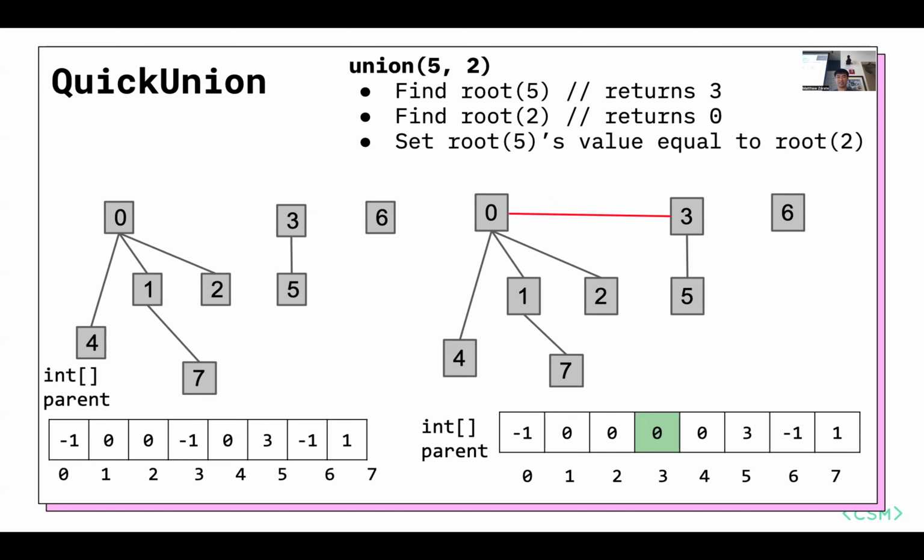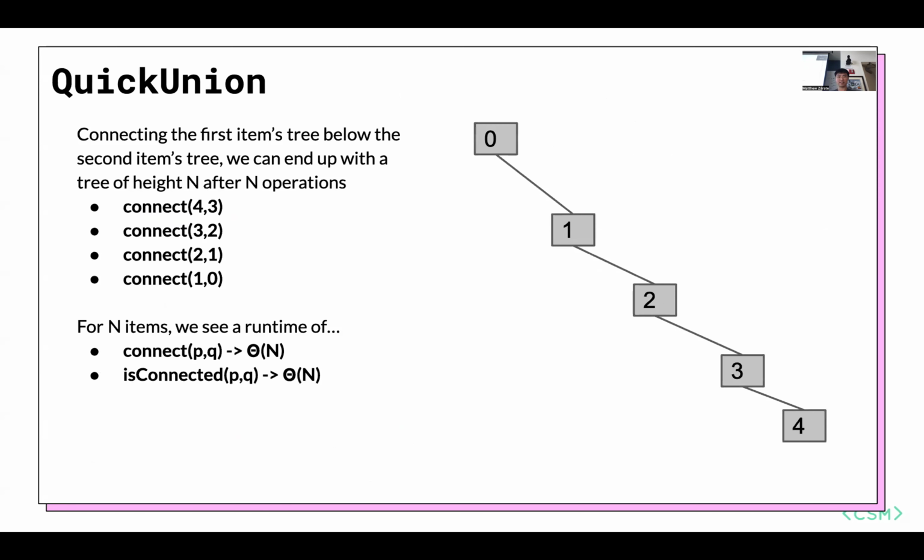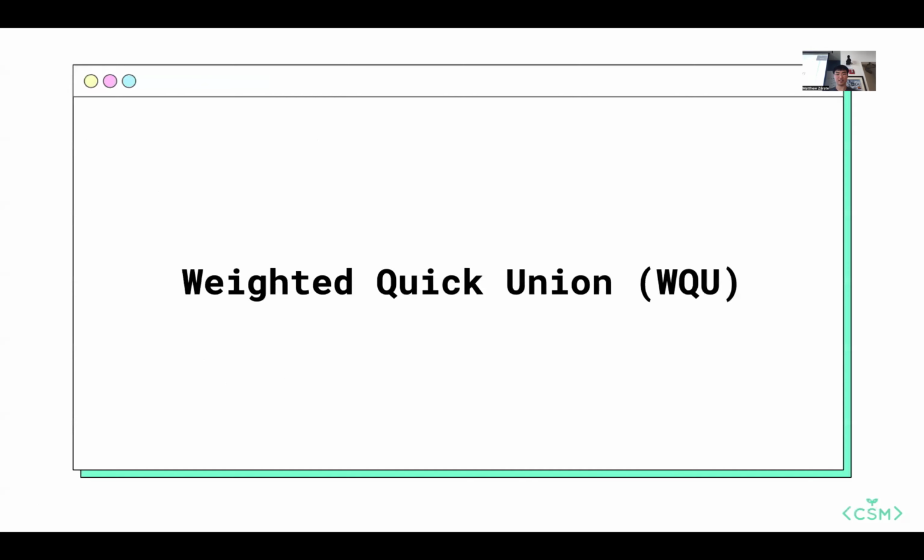So this is the result. With just quick union and not weighted quick union, we have a worst case of connect operations, which leads to a very spindly tree, and so it's going to be very slow. That's the gist. The solution is what's called weighted quick union.